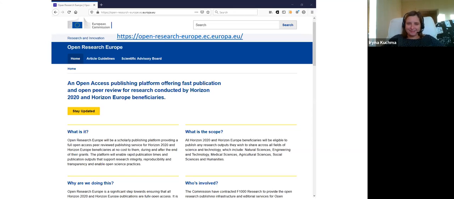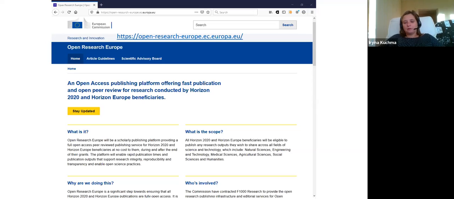Article guidelines have been made available already, and a call to submit articles was released, and it's expected that first articles will be published early next year. This is a platform where any researcher that receives funding from the European Commission could publish, and there are no article processing charges. So all the costs, like publishing costs, are covered by a funder, by the European Commission.